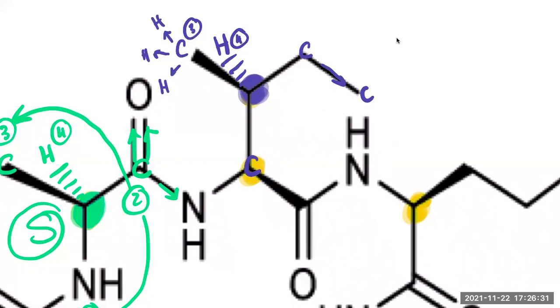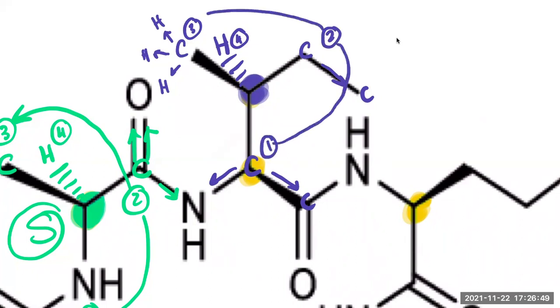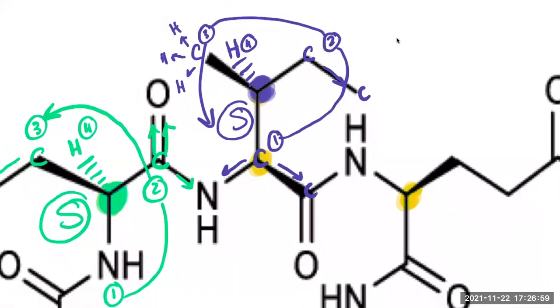In the bottom branch, we reach a nitrogen and carbon after branching out just one time. All right, so that means this will be our 2nd priority and 1st priority. We'll connect 1, 2, and 3. That'll give us S. We don't need to flip it because the lowest priority group's in the back. Okay.